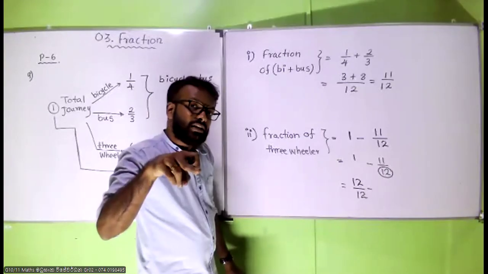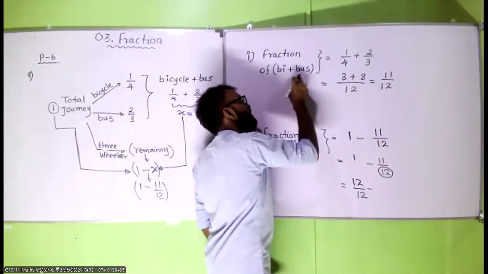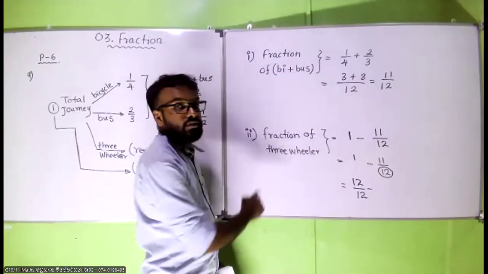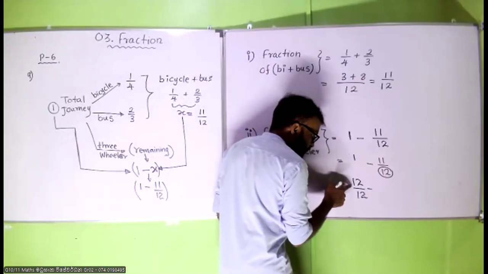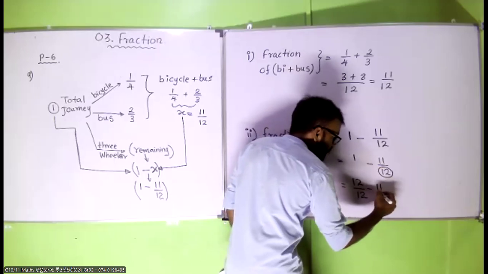Out of those 12, 11 parts have been traveled by bicycle and bus. Only one part remains to travel by the three-wheeler. So this 1 can be represented as 12 by 12. So 12 minus 11.